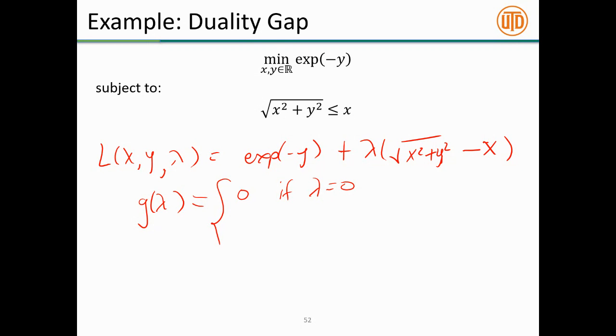Is it possible to make it equal to 0? Yeah, I don't think it's possible to make it equal to 0 here, right? Unless lambda is equal to 0.